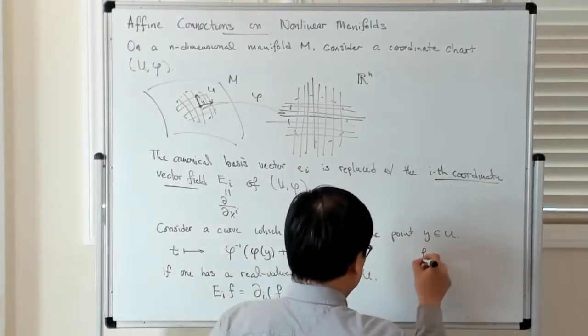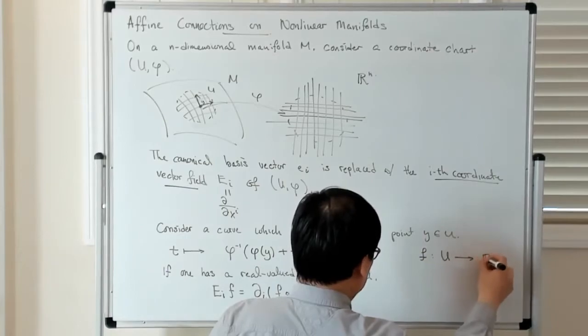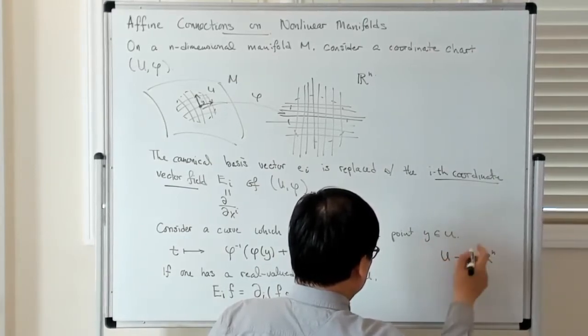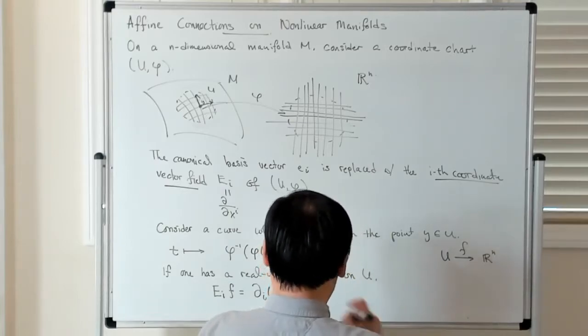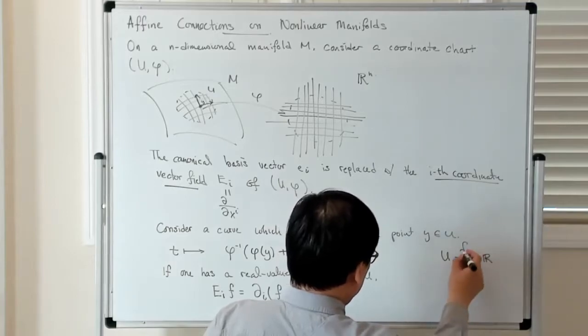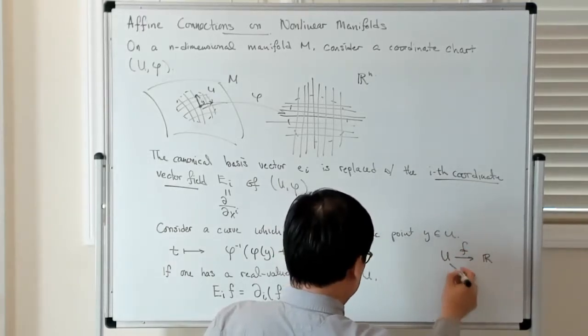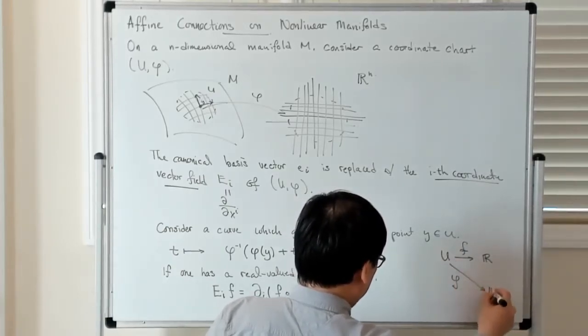So f is a map from U to R, and the coordinate map is a map from U to Rn.